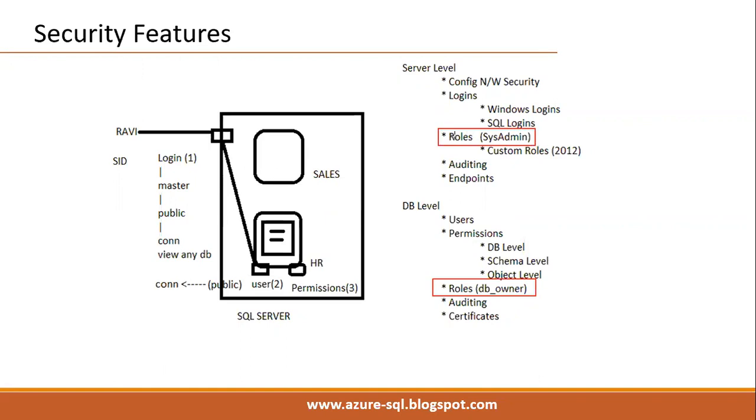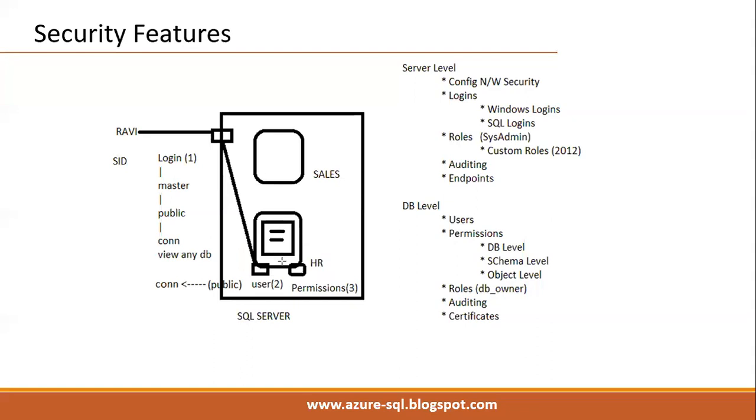Once you add someone to the sysadmin role, he can work with all databases. Whereas db_owner can work only with a particular database with all permissions. Once we create a user and add that user into the db_owner role, he can work with the total database objects.